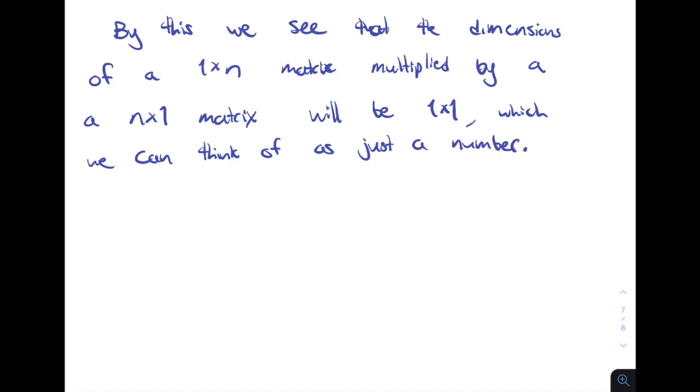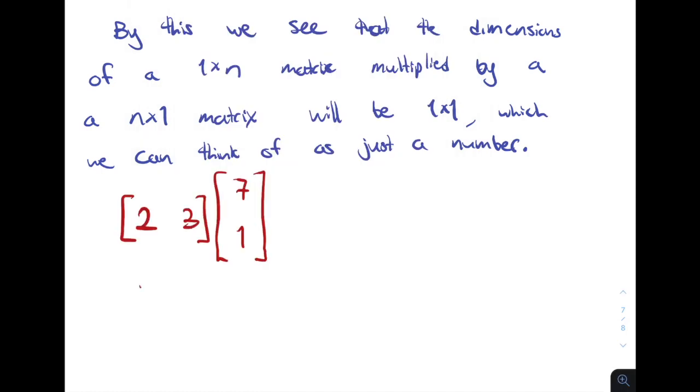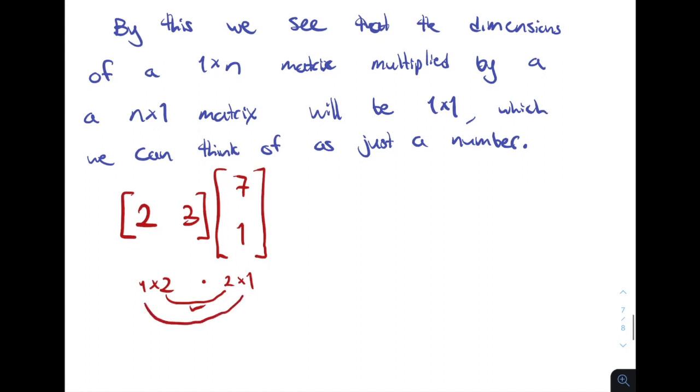We'll use the multiplication of a row matrix by a column matrix to begin exploring how to actually calculate matrix multiplication. Here, a 1 by 2 multiplied by a 2 by 1 satisfies our check that it will be defined. The dimensions will be a 1 by 1, which we'll treat as a number.